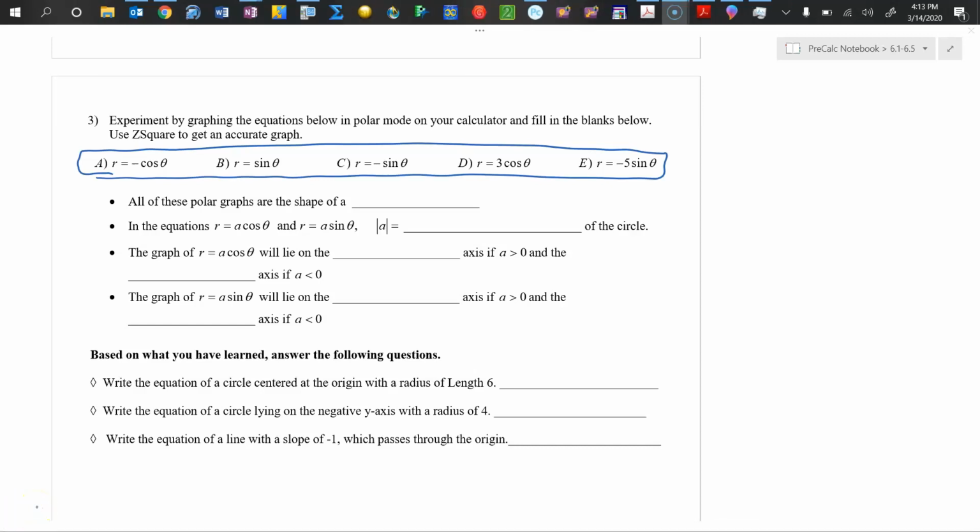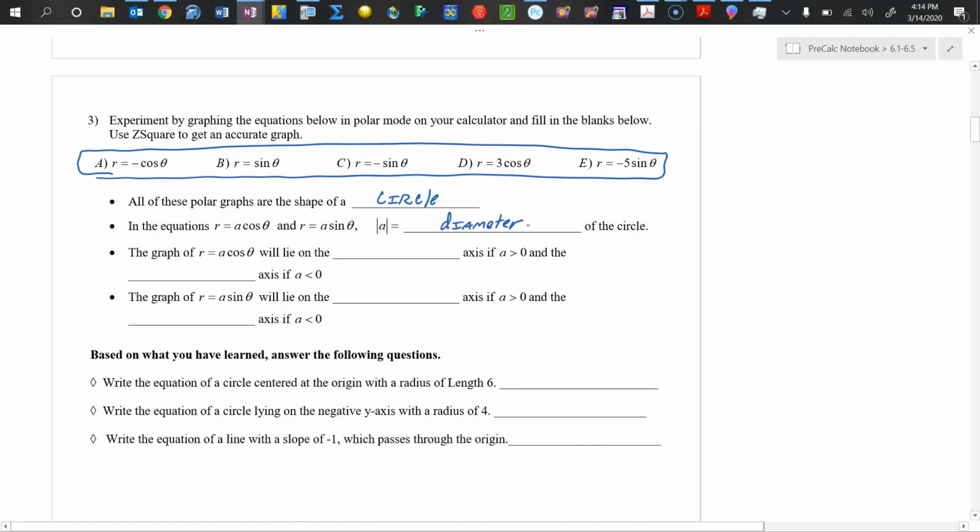So now that you had a chance to experiment a little bit with your calculators, let's see what these answers should be. All of these polar graphs are the shape of a circle. In the equations r equal a cosine theta and r equal a sine theta, the absolute value of a is the diameter of the circle.